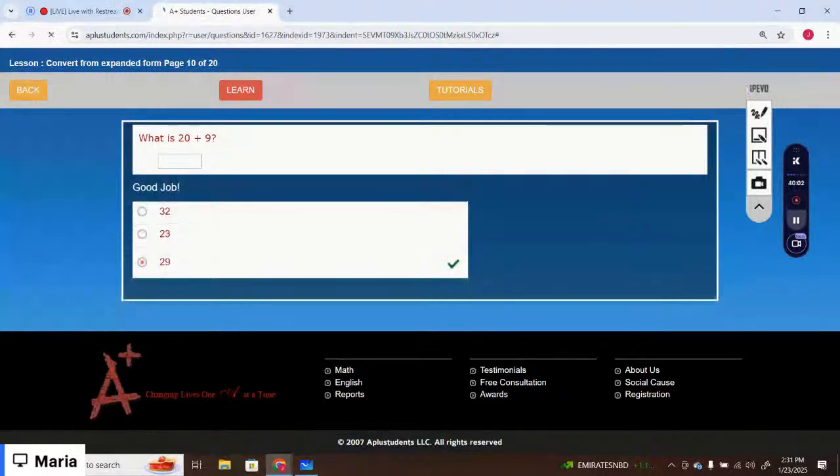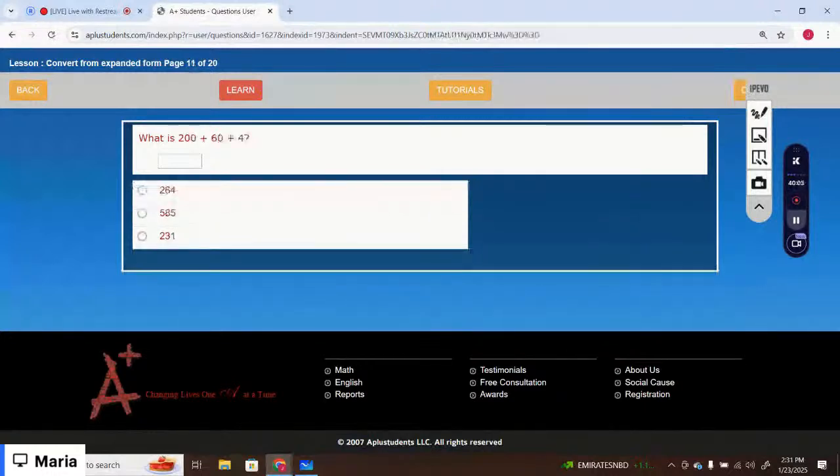Option number 3 is the correct option. What is 200 plus 60 plus 4?